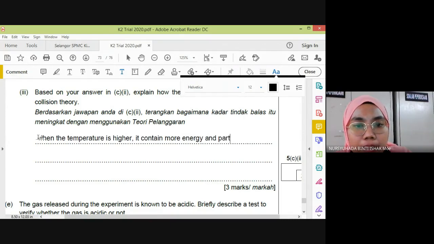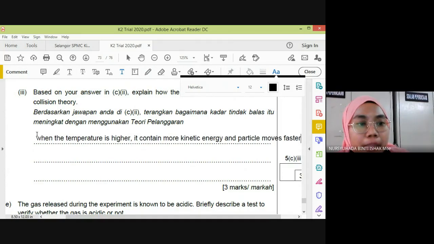And particles have more kinetic energy and particles move faster. Point yang pertama.